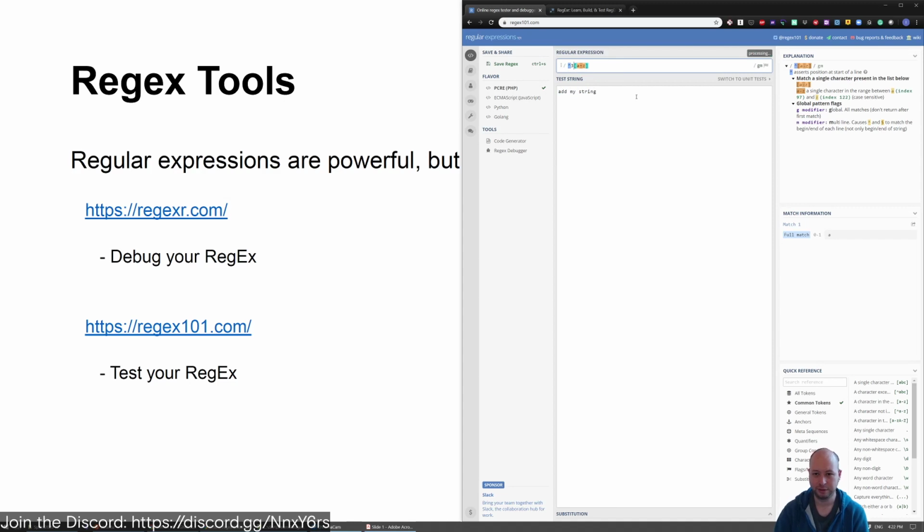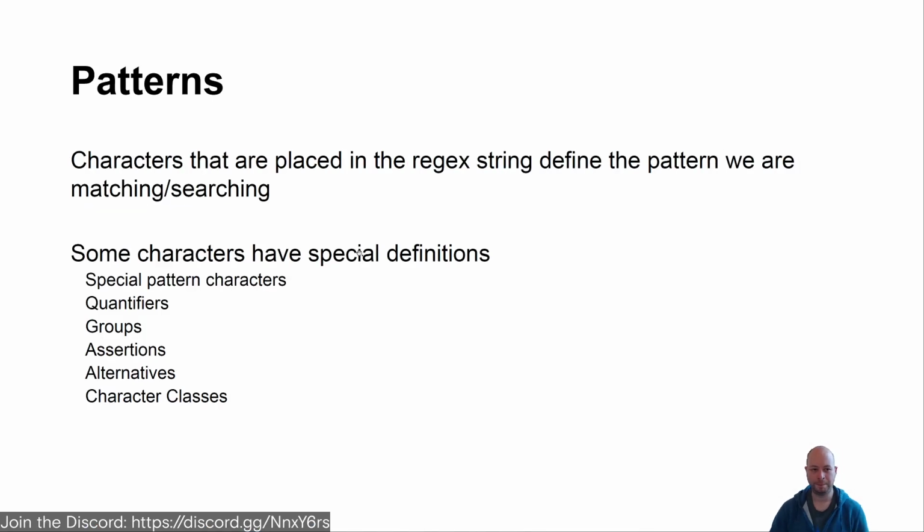There we go, and then I can do 3. Yay! Cool. Now I've gotten that. Anyways, we'll talk about it. Like I said, I'm not very good at regular expressions, so this will be fun for you to watch me bumble through it.